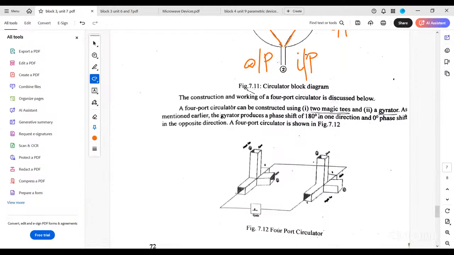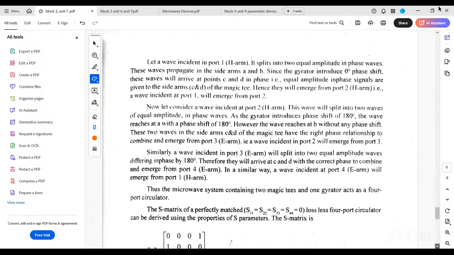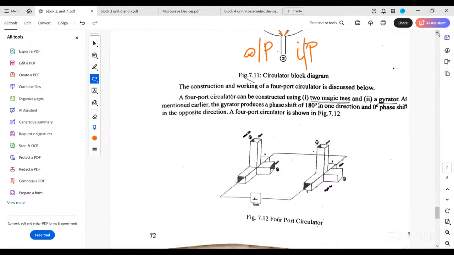So it is a combination of how many magic tees? Two magic tees. One magic tee is connected on this side, another magic tee on this side, and there is one gyrator. This gyrator, is it pi or pi by 2?